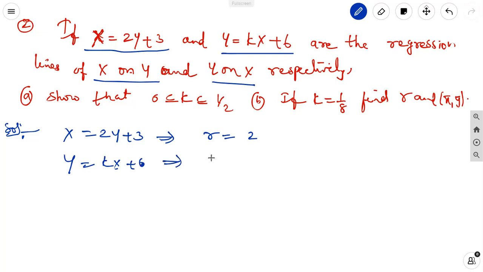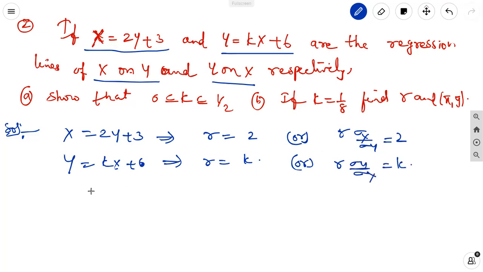From this, the regression coefficient r σy/σx = k. Taking the product of the above two, r × r = 2 × k, so r² = 2k.